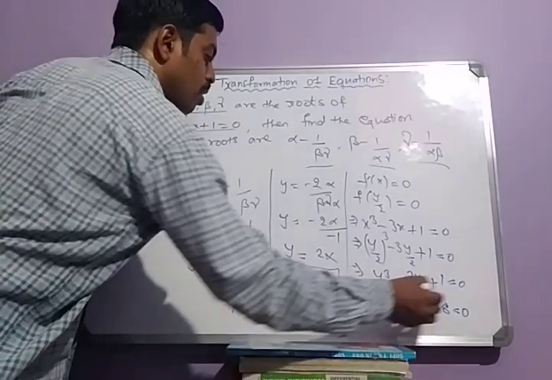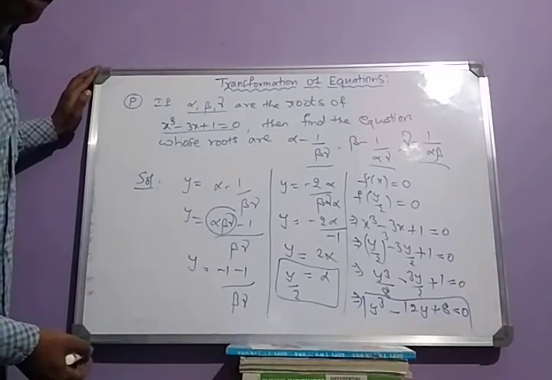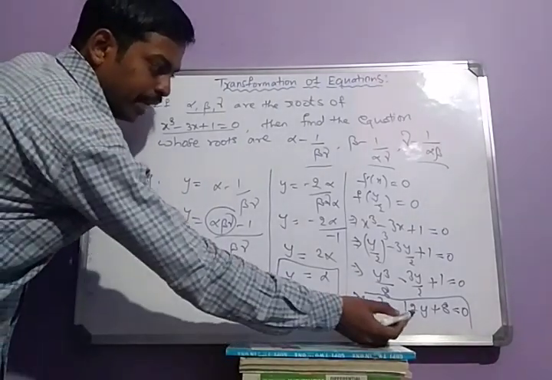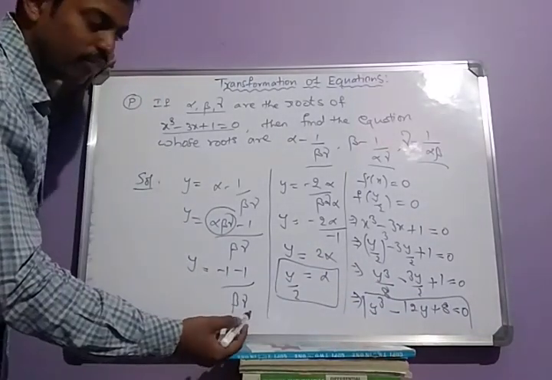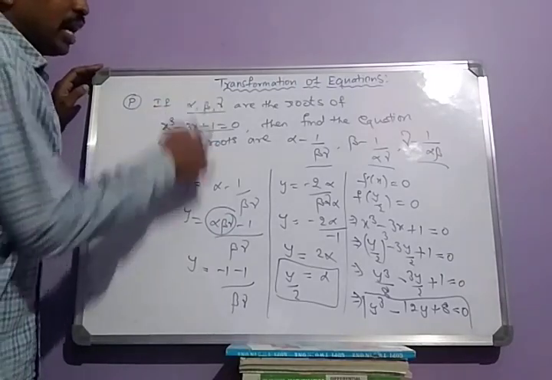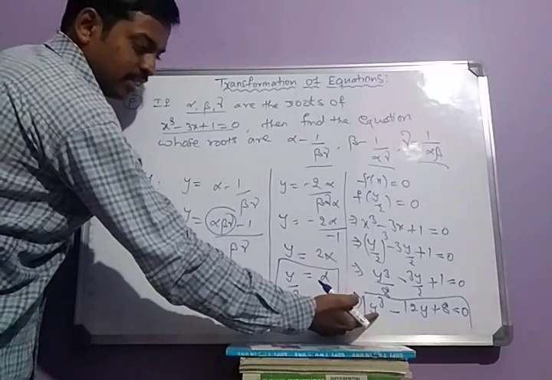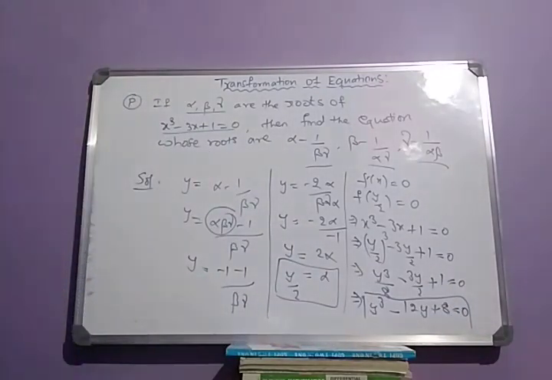Again y is a dummy variable. In place of y you can take x itself. Therefore the final transformed equation is x cube minus 12x plus 8 is equal to 0. We can replace y with x. So therefore if alpha, beta, gamma are changed like this, then this cubic equation is converted as x cube minus 12x plus 8 is equal to 0. Thank you.